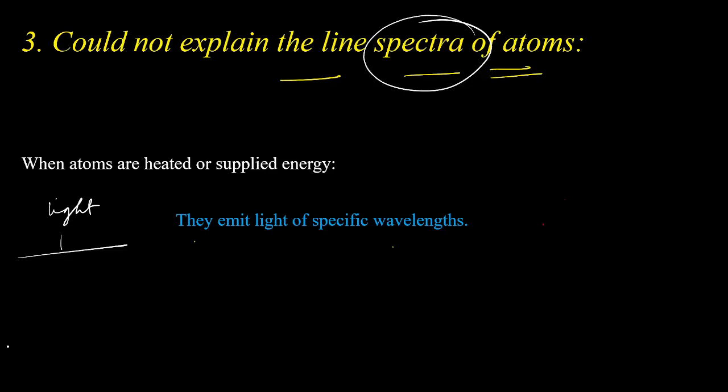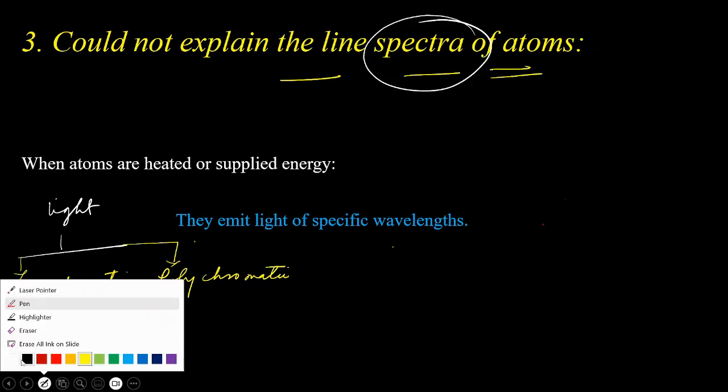Light is of two types. One is monochromatic light. Another is polychromatic light.